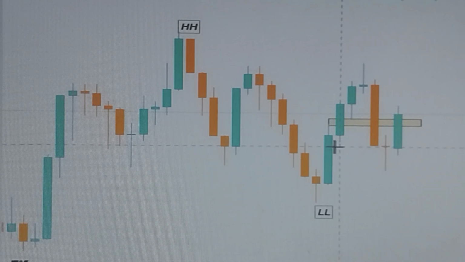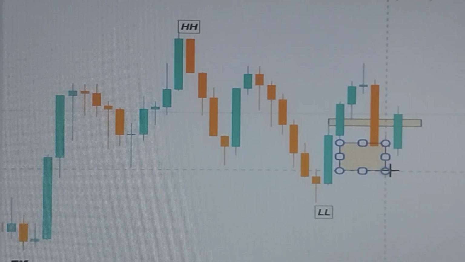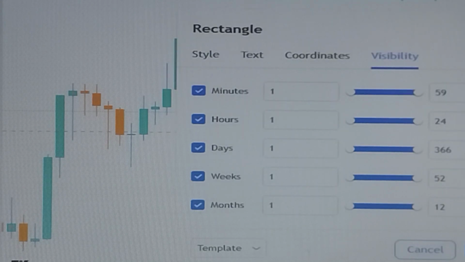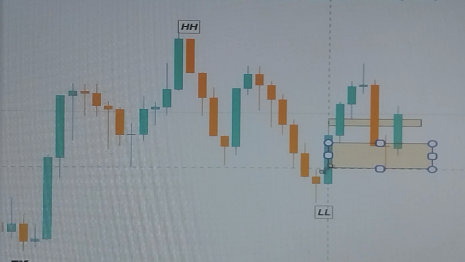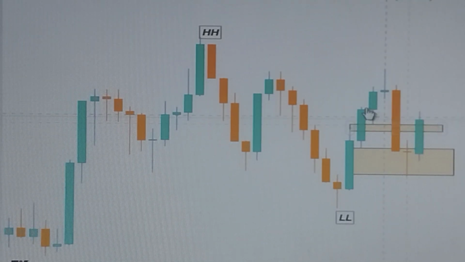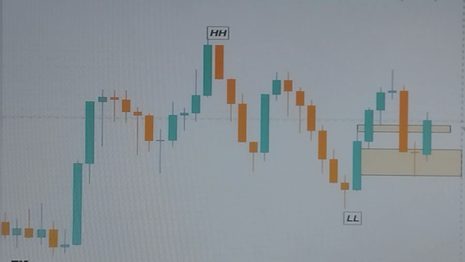You can see that on this area there's this efficiency that gives us an imbalance on that candle there. We call it an imbalance, more like a fair value gap. But this fair value gap is the one that has moved the market back up there.